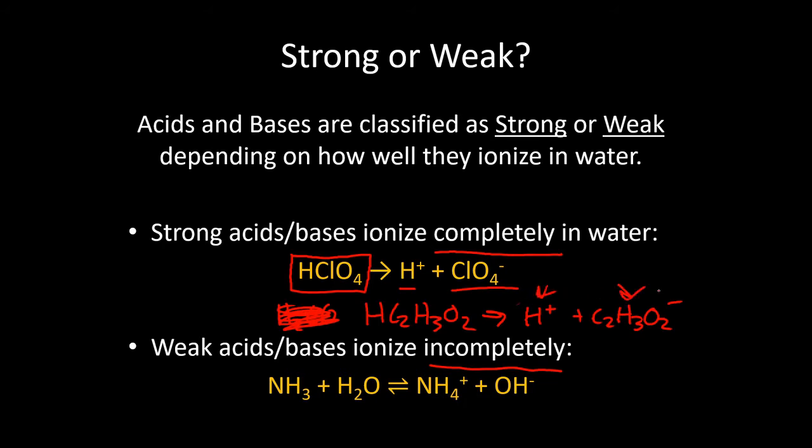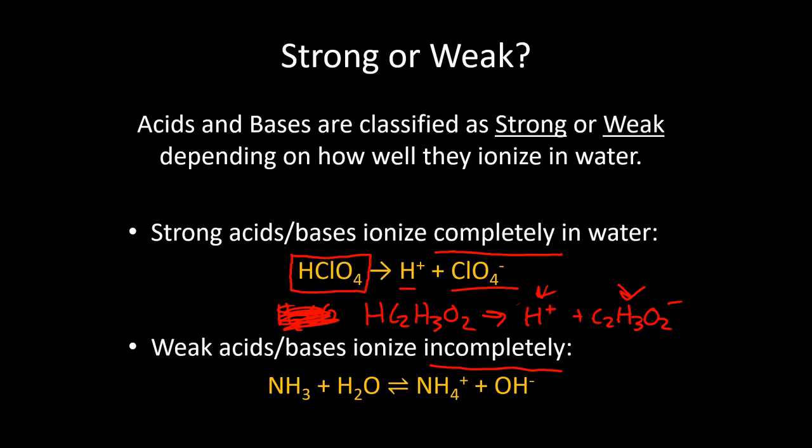Could be more than just one, but it's not uncommon at all to have weak acids or bases where very, very few of them break apart into their ions. So a strong acid, every single last one of the molecules will dissociate, will break into its ions, and a weak acid or base, only some of them will.